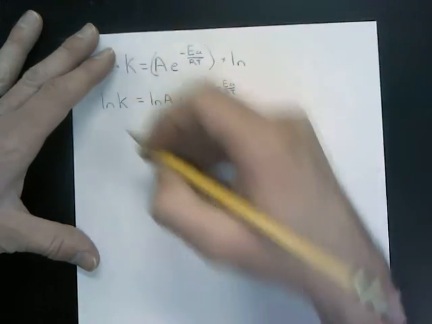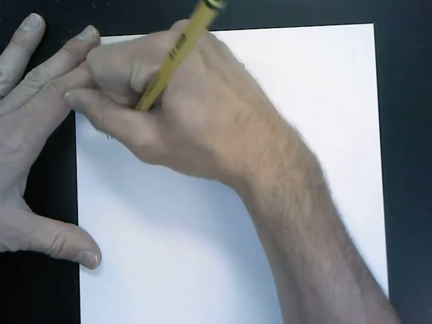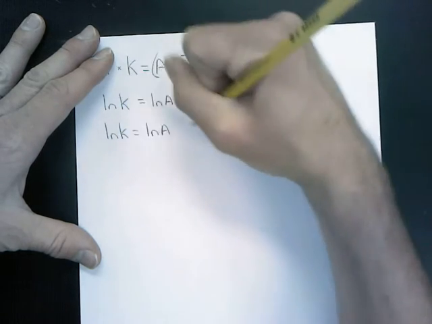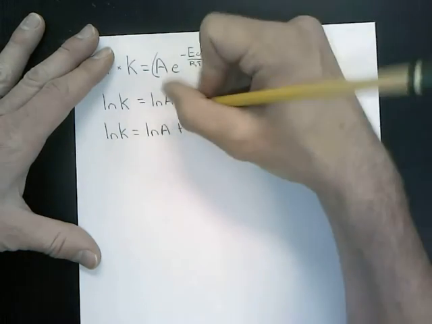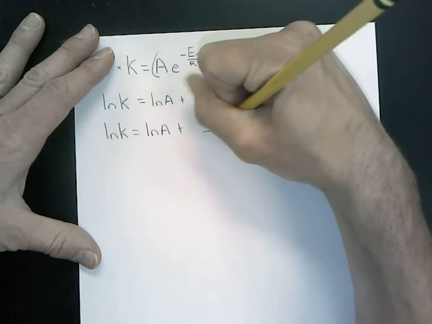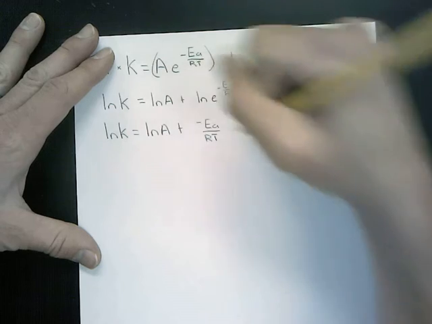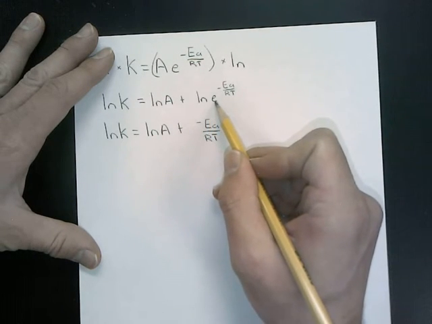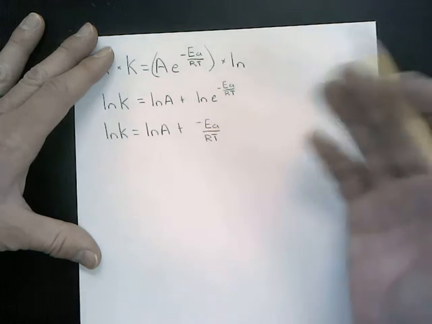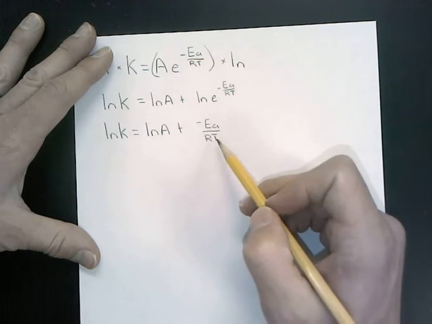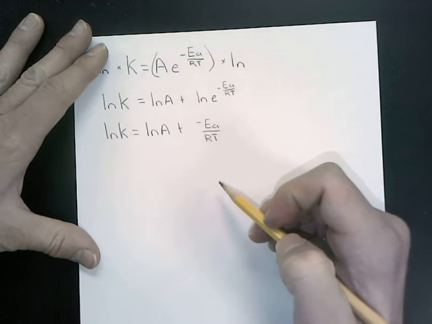So we can rewrite this equation to be the natural log of k equals the natural log A plus the negative activation energy over RT. And remember, we got rid of the natural log and inverse natural log because one is the inverse of the other, and that allows us to just obtain this value here.